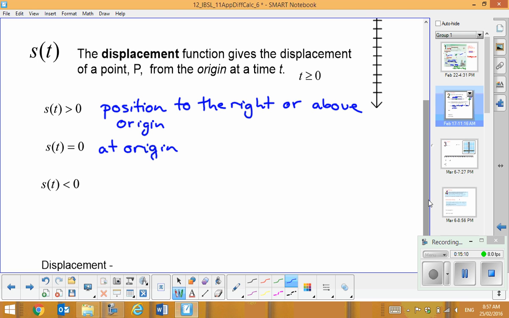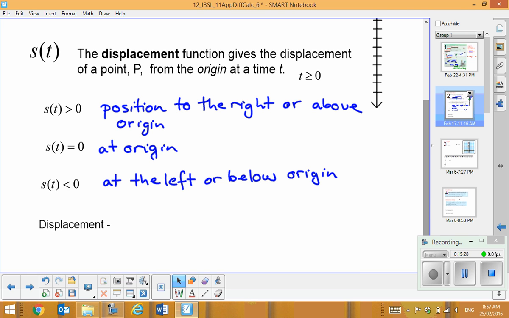To the left. To the left or below? Okay. So far, so good?